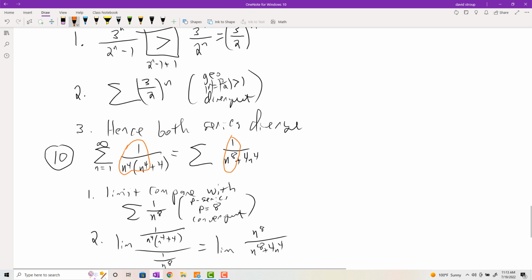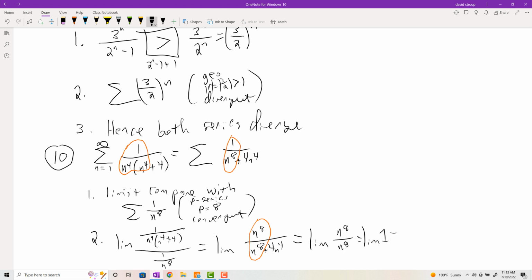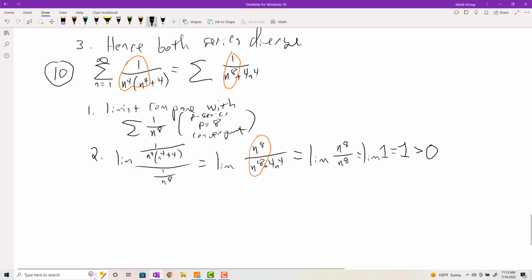And then it's the limit of a ratio of polynomials, if it's infinity over infinity form, is just the limit of the leading terms. So you'll just have the limit of n to the eighth all over n to the eighth, which of course is just the limit of 1, which of course is just 1. For the limit comparison, your limit value needs to be greater than 0 and finite, which this one is. And then you could conclude they both have the same behavior, whatever that behavior is, be it convergent or divergent. In this case, both converge.